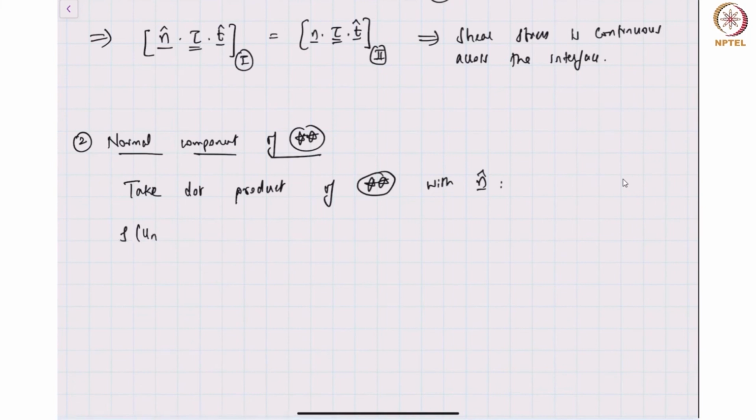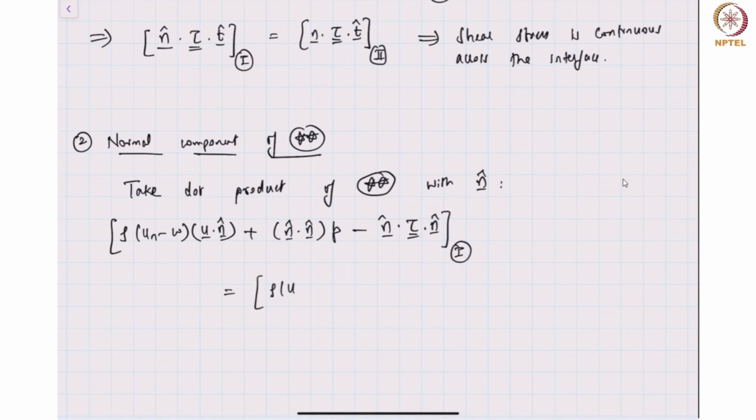Rho (un minus w) times u dot n plus n dot n of p minus n dot tau dot n. This is across region 1, and it is the same expression at region 2.